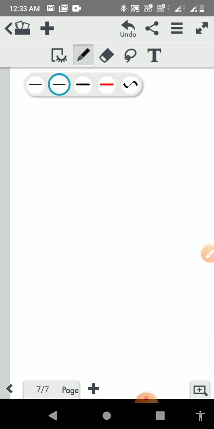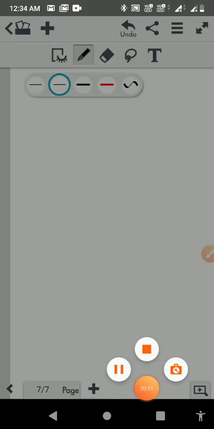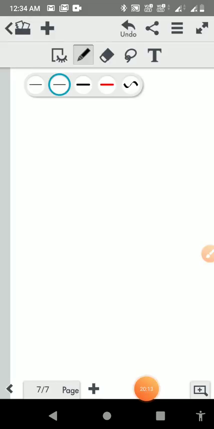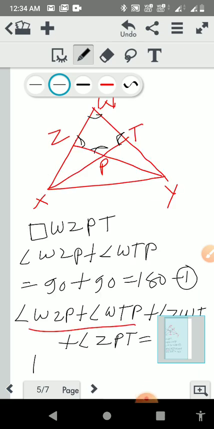So we have to prove that these 4 points X, Z, T and Y are concyclic. Okay, now see, for the second proof, in this diagram, point X and point Y subtend equal angles at points Z and T respectively.